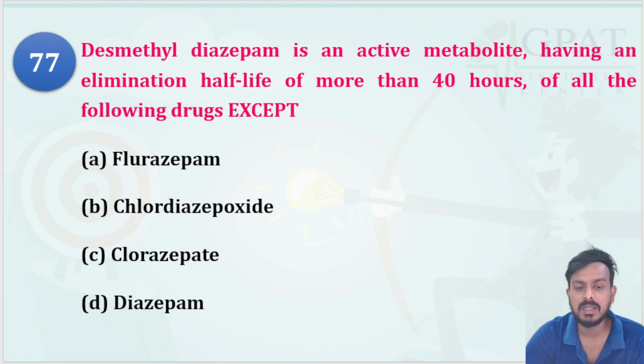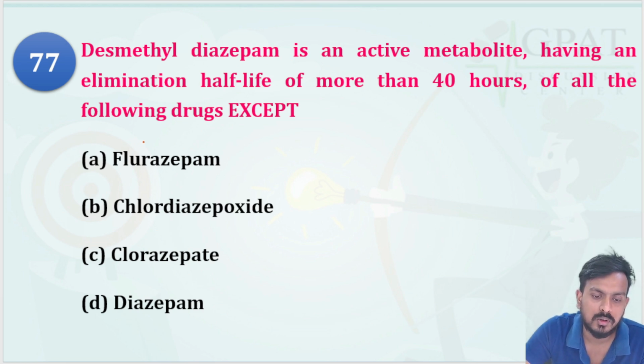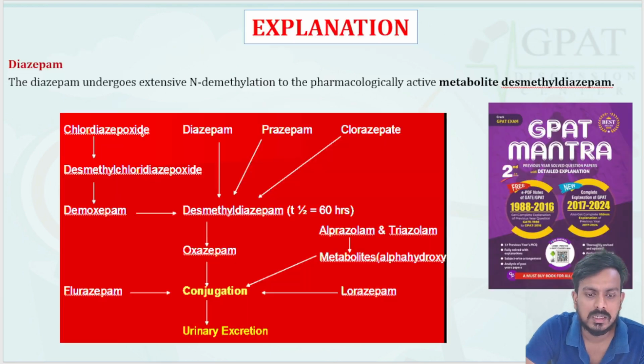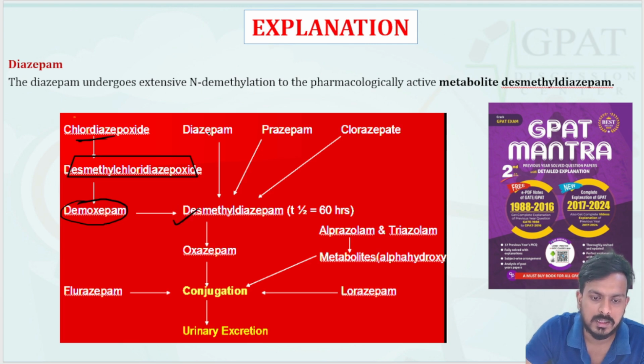So desmethyl diazepam is an active metabolite of all the drugs except flurazepam. Let's see. From this diagram, chlordiazepoxide is converted to desmethyl chlordiazepoxide, diazepam to desmethyl diazepam, prazepam to desmethyl diazepam, clorazepate to desmethyl diazepam.